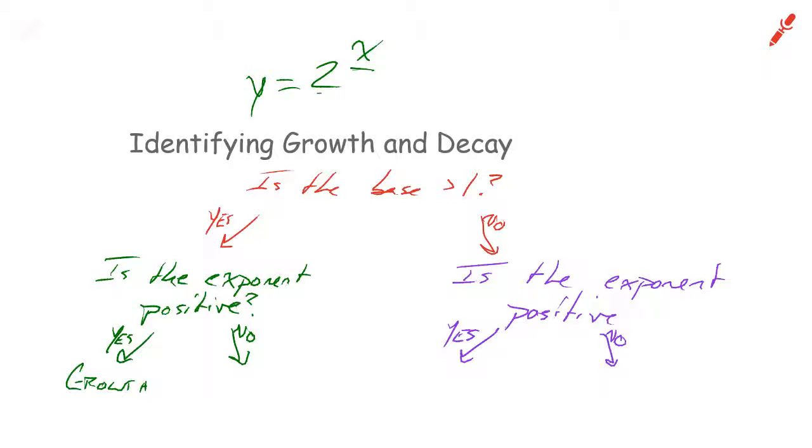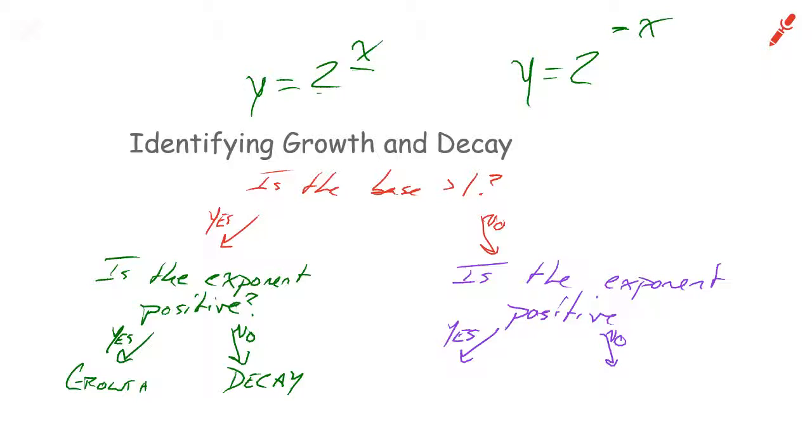So if I were to plug like 100 in, it would be a big number. If I were to plug 1,000 in for x, it would be an even bigger number. So it's going to be exponential growth. But if my exponent is negative, then whatever I plug in for x, it's going to make that get smaller because of the negative exponent property. So over here, if the answer is no, we're dealing with exponential decay.